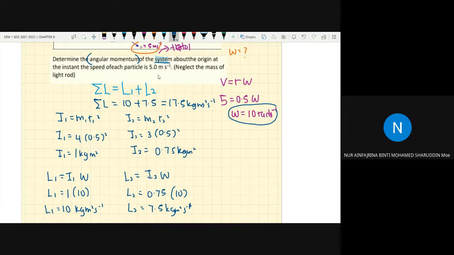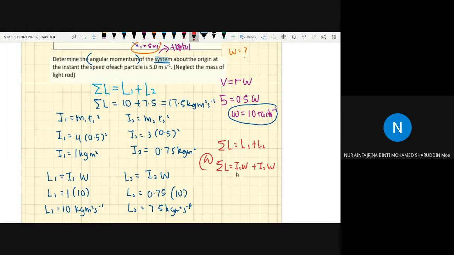Okay, kalau korang nak cepatkan, this is another method. So buat je lah macam ni. Summation of L equals to L1 plus L2 and then kita tahu formula dia adalah I1 omega tambah juga dengan I2 omega. So awak boleh je lah terus buat juga. Ni Miss just pecahkan, Miss nak bagi korang nampak. Tak ada masalah pun.